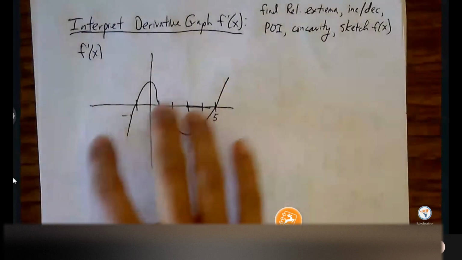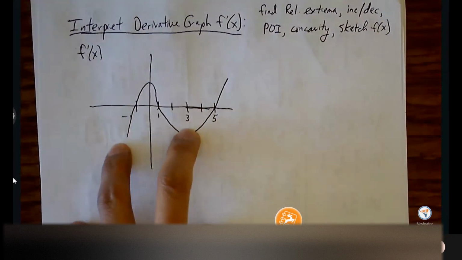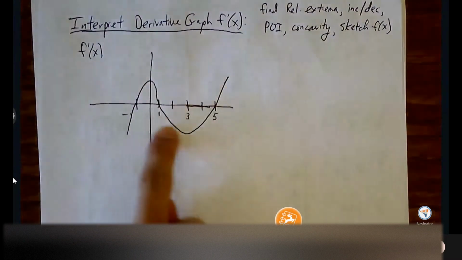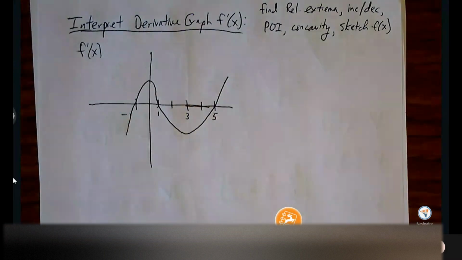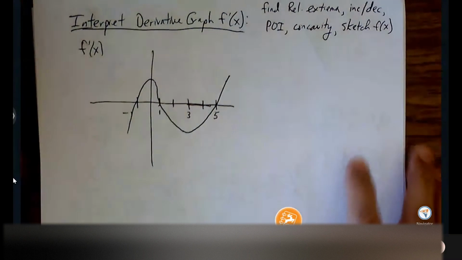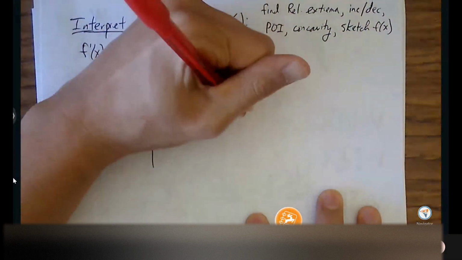So the first thing to realize is that this is not the shape of the original graph. The reason why is because the points that you see do not correlate with the positions of the graph. They correlate with the slope values of the graph. So to make sure we are clear with that idea, I like to mark up my diagram.